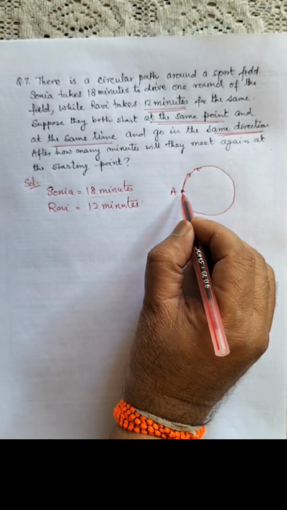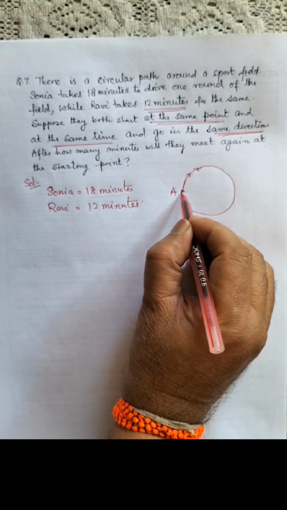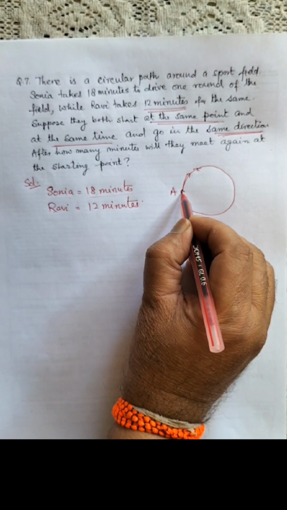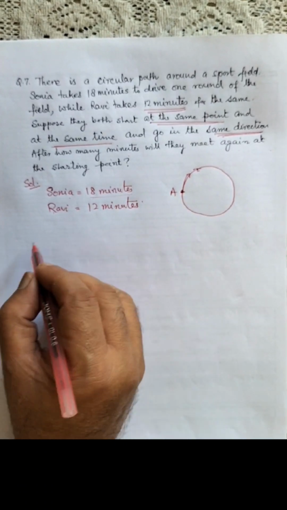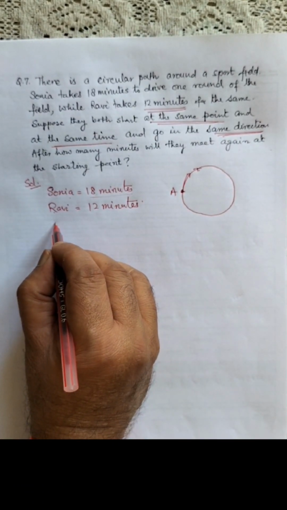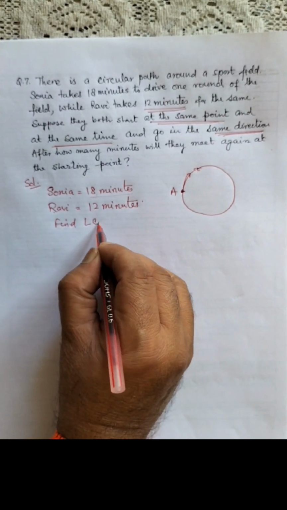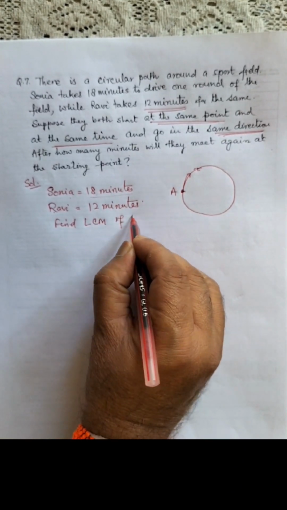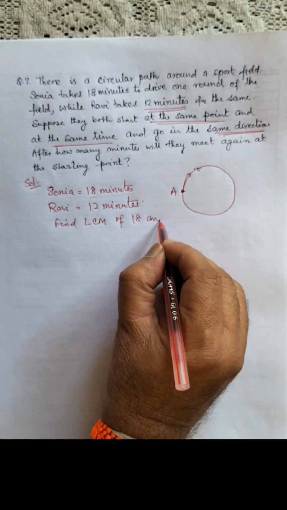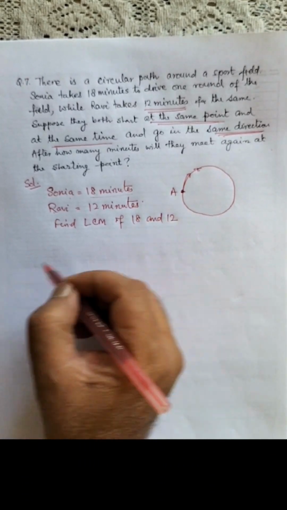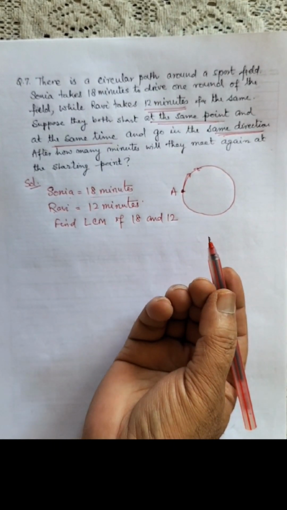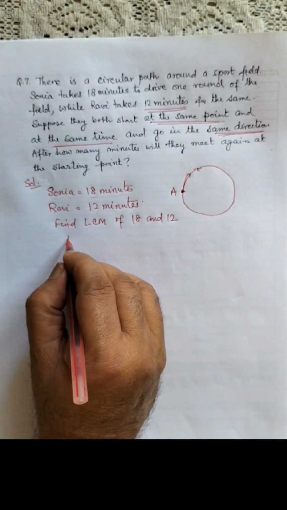So obviously in this case we are dealing with LCM, because LCM is a number which is completely divisible by both the numbers. So we will find the LCM of 18 and 12. Again we can use the factorization method.